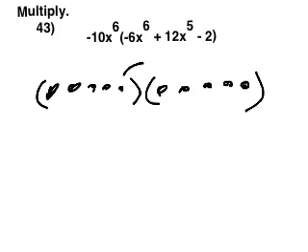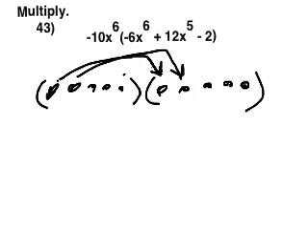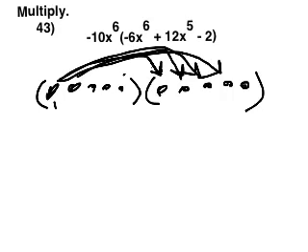We need to take each one of these numbers in this one and multiply them times each one in this one. So the first number multiplies times each one of these, the second one multiplies each one of these, the third one times each of these, and then you add up the remains. Add up what you've got when you're all done. And that gives you your answer.